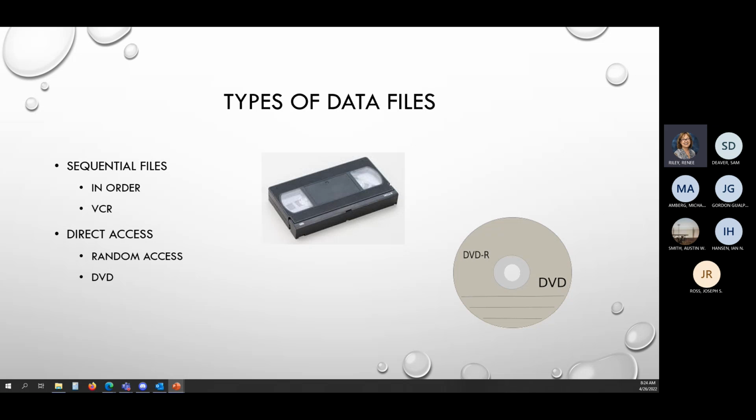This picture is really important because it helps you to identify the difference between sequential files and direct access or random access files. So if you remember having an old VCR video, could you go directly to a spot that you wanted? No, you have fast forward, rewind, do all this stuff because it's totally sequential.